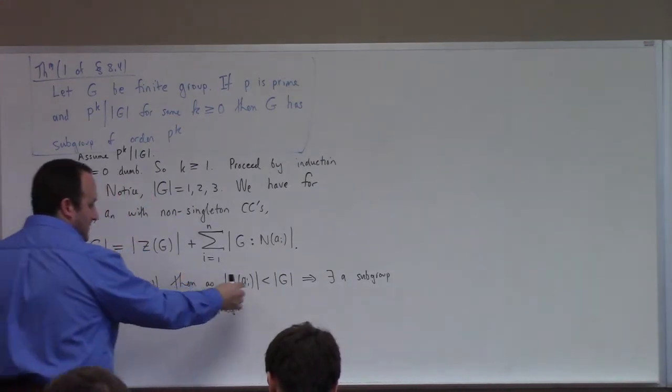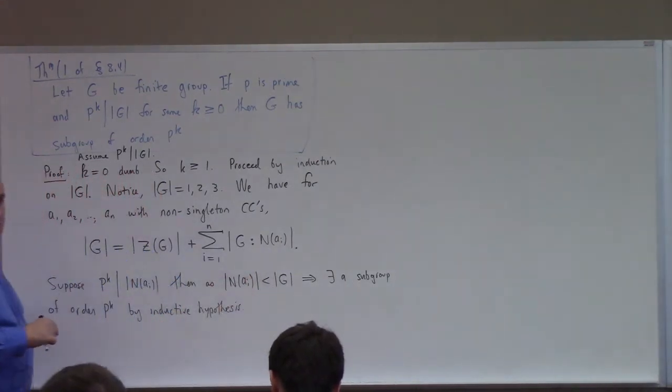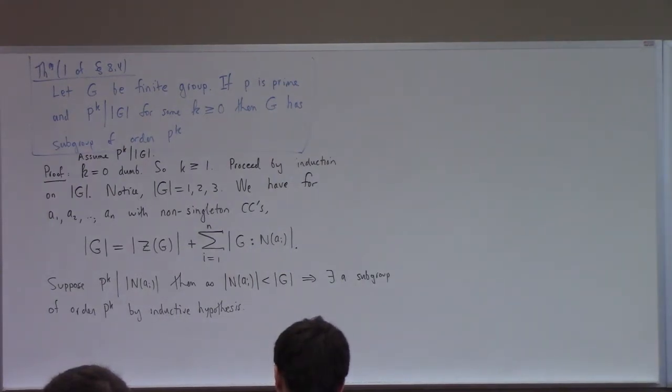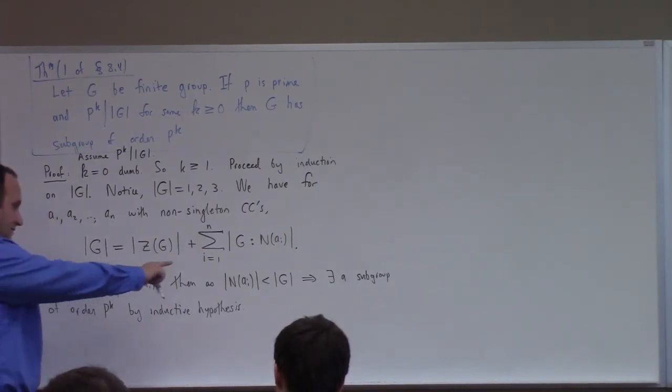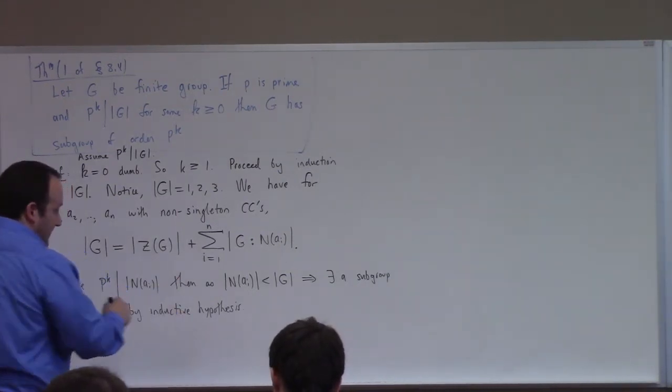Let's agree that if G is not equal to its center, it should be relatively clear that the normalizer of a i has to be a proper subgroup of G, which means we can apply the induction hypothesis. There must be a separate argument that we can give if G is equal to its center, if G is abelian. Okay, so I'm going to go on. So there exists a subgroup of order p to the k by the inductive hypothesis.